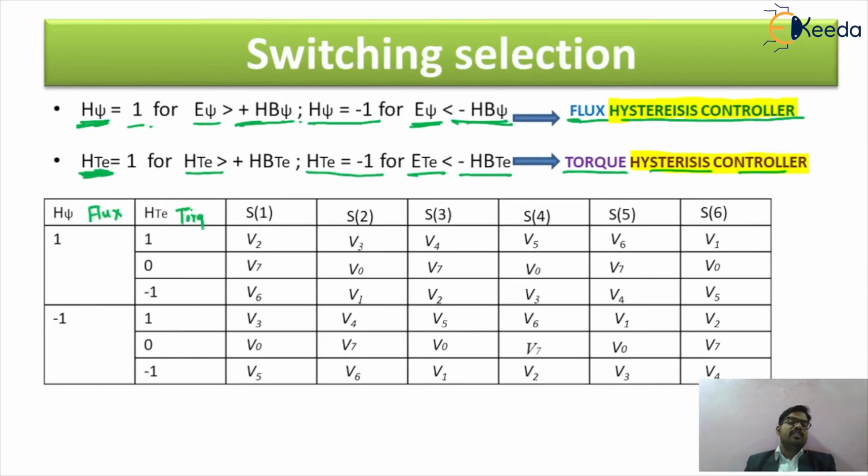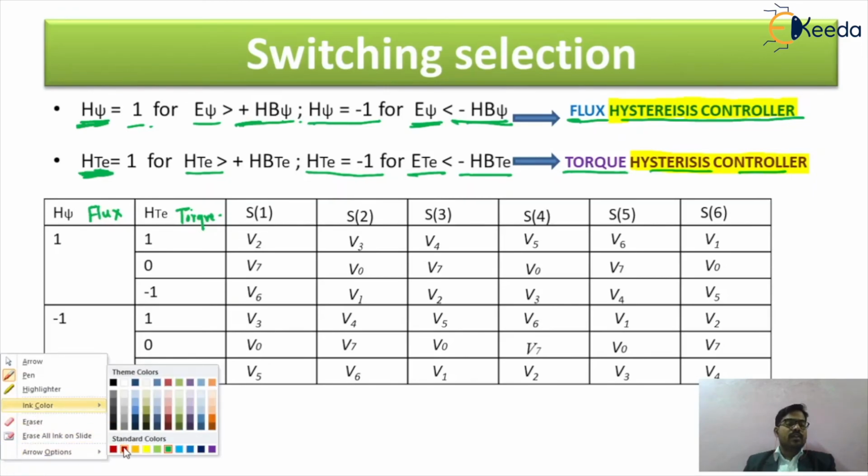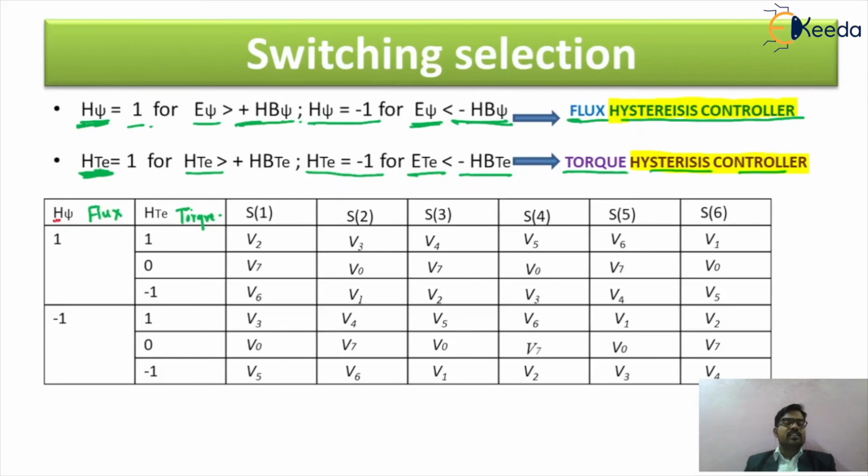As shown in the figure, when the value of Hψ, the hysteresis flux, is 1 and HTE is 1, the selector switches S1, S2, S3, S4, S5, S6 will give you the voltage vectors V2, V3, V4, V5, V6 and V1 in that particular phase sequence.